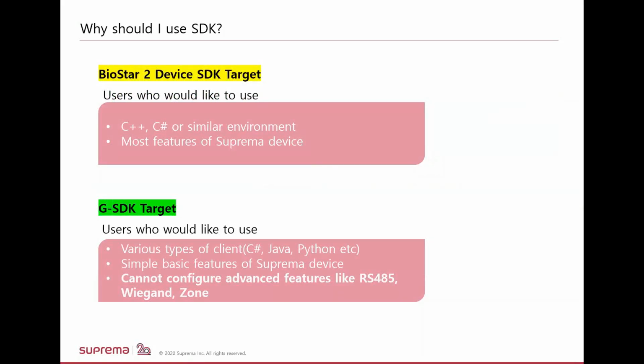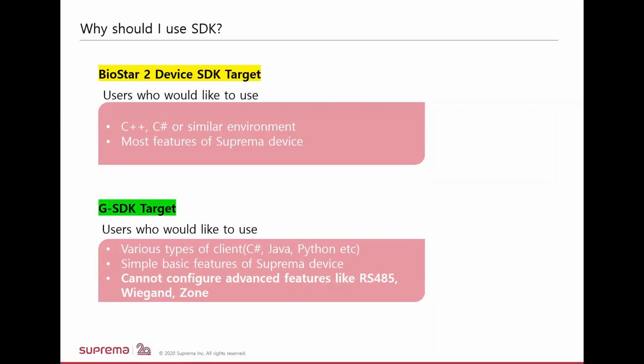Then we understand that both SDKs are integrations, but what's the difference between the two SDKs? The BioStar 2 Device SDK is a C++ library that provides C# sample code.